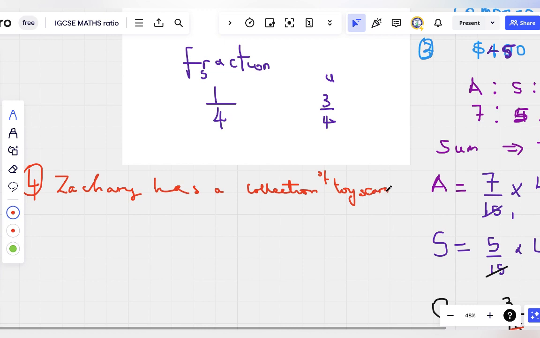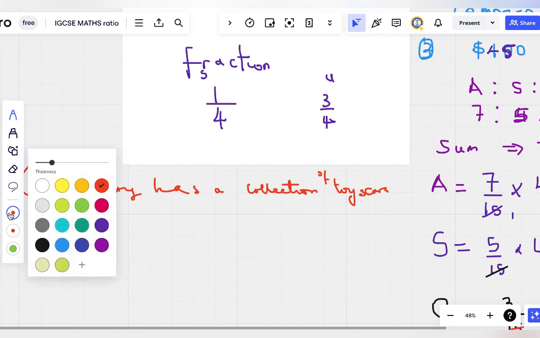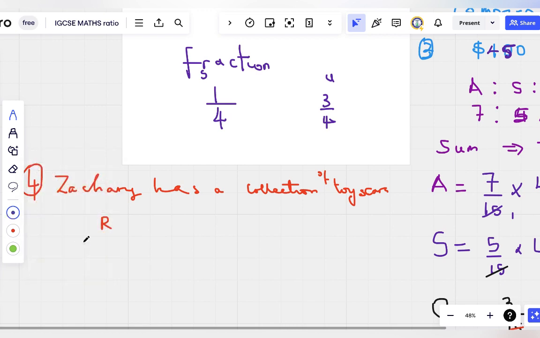Okay. He has 12 red cars, 9 silver cars, and 4 blue cars. So I'm going to write red to simplify it. 12 red. He has red, silver, and blue cars.